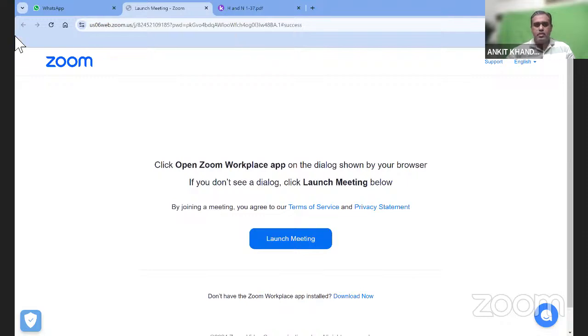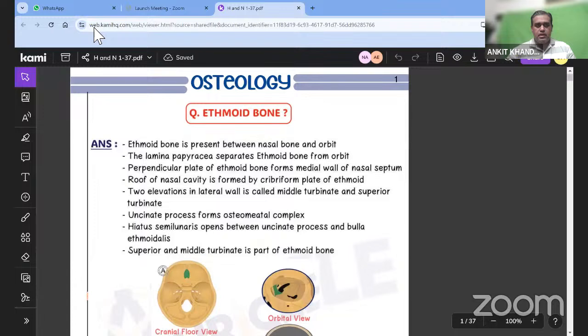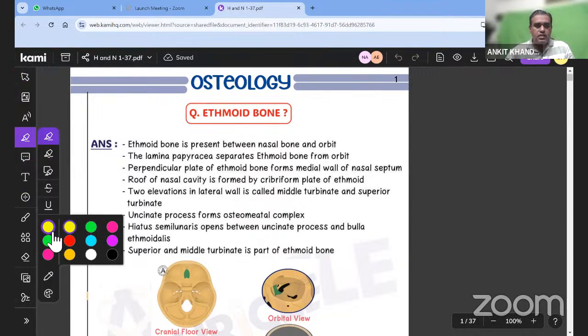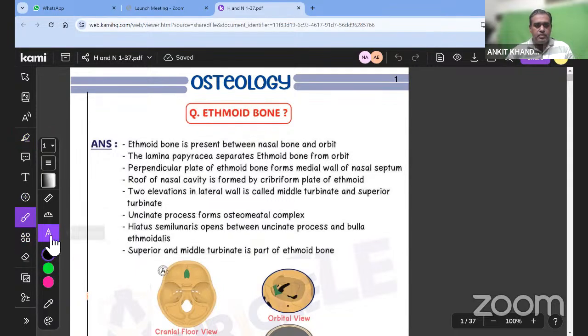So here we go, and this is the osteology part. As we all know, the osteology part is very important. The various bones are what we are going to discuss today, as well as other features too. So let's start with the bones. We'll start with the ethmoid bone, and subsequently, we'll go and discuss other important points.